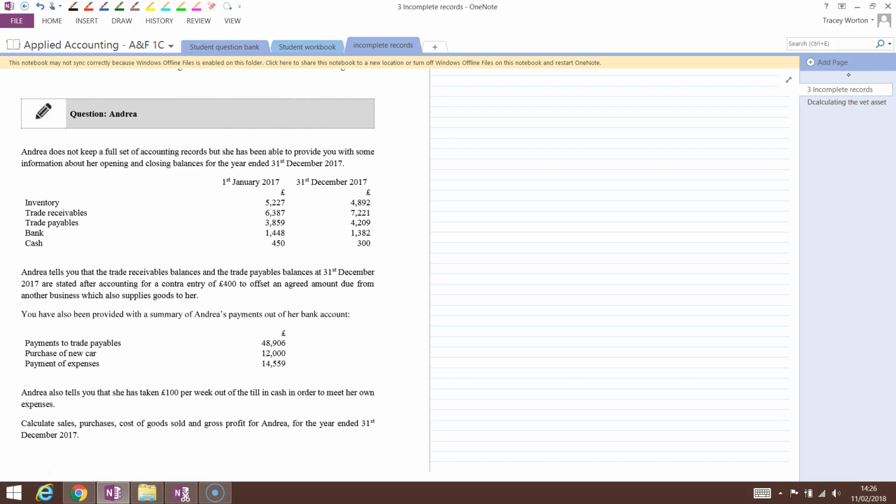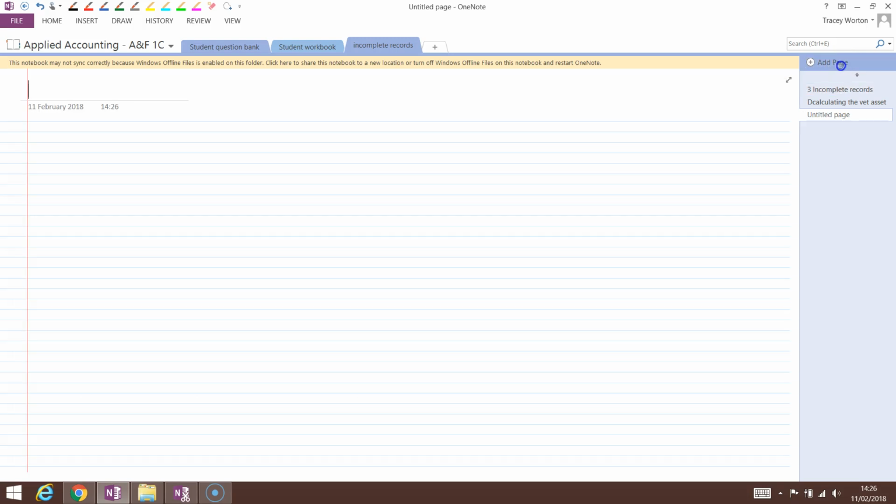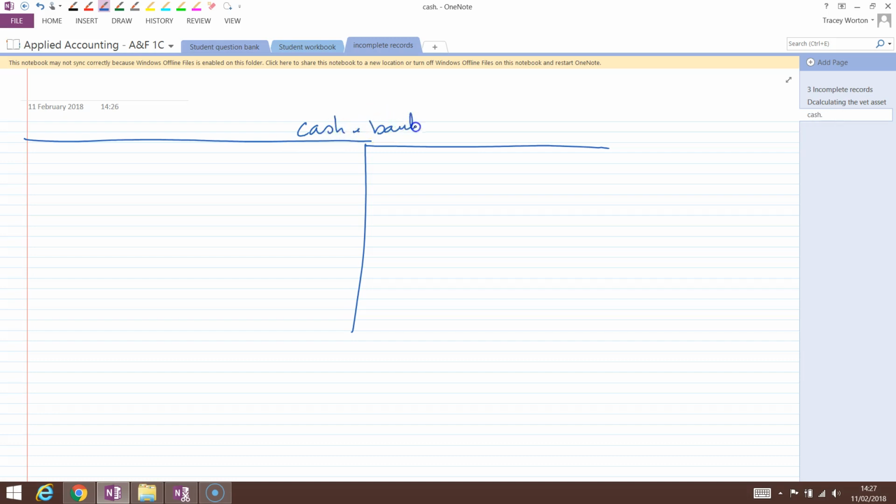So in order to carry this out, the first thing we need to do is open up our ledger accounts for the cash, the bank, the receivables and the payables, and enter into those accounts our opening balances. So if we do that, first of all, make sure you give yourself plenty of room. So we're going to have a cash and bank account. So we know that we have some opening and closing balances.